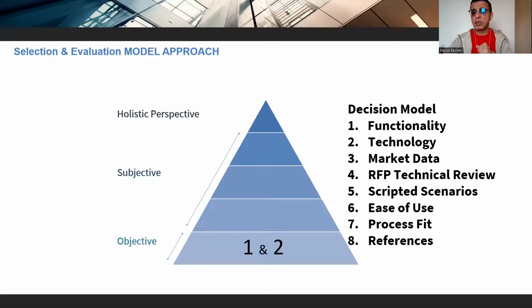First they look at functionalities and technology, then they look at marketing and RFP, and the less objective part. So you want to make sure you start with clear objectives, which are technology and functionality. Then you build the rest. If you do it differently, you're also doomed to have problems.